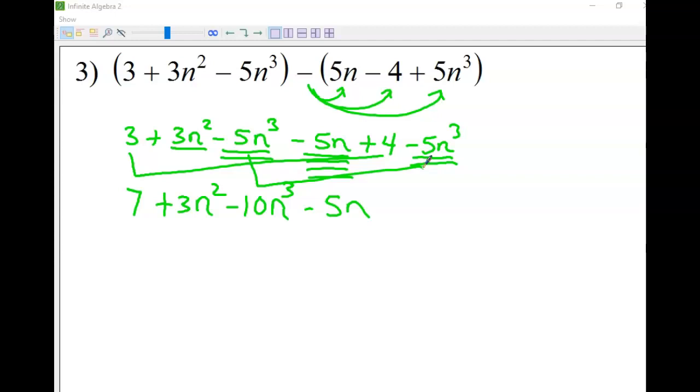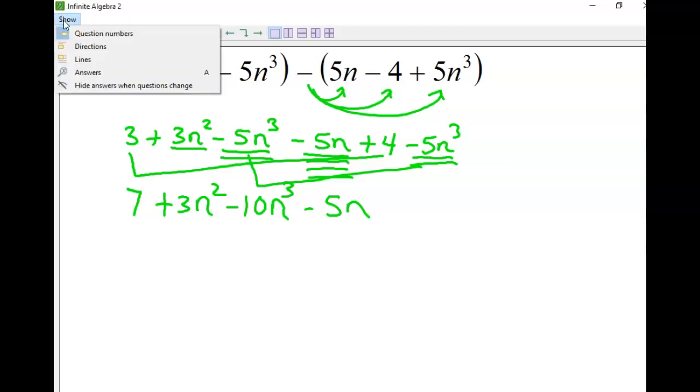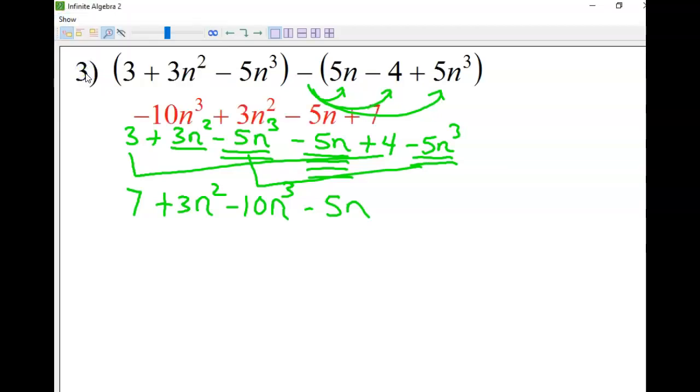Now, John noticed and David noticed, about the order, right? I don't know, is it possible they don't put an order? It should be in order, but I want to see what this software does because that's how your answers will look on your test. They did put them in order. So let's go ahead and put them in order. The one that has the biggest power goes first.